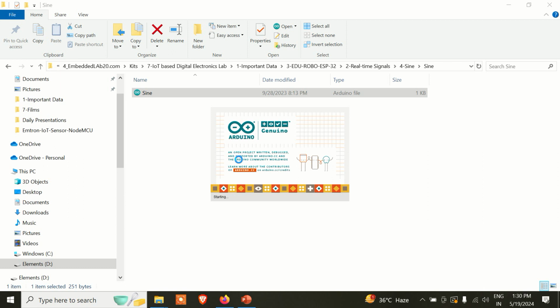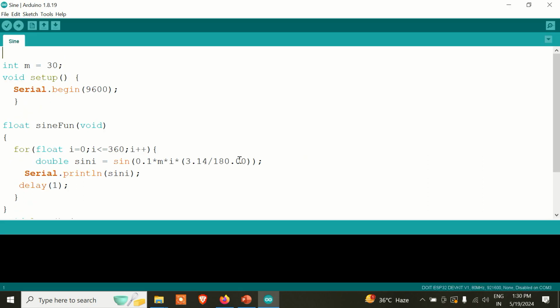So a sine waveform consists of a fundamental frequency. So we are supposed to vary the angle as well as the amplitude. So there is an inbuilt sine function. Let's pass the frequency term as well as the amplitude.